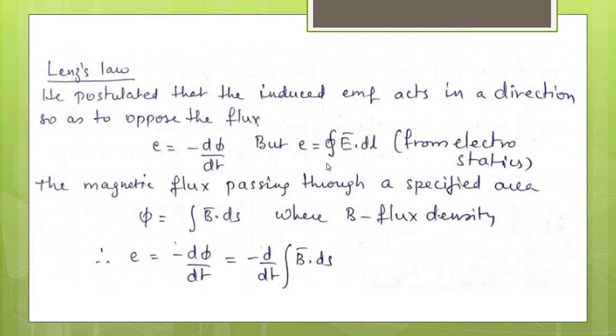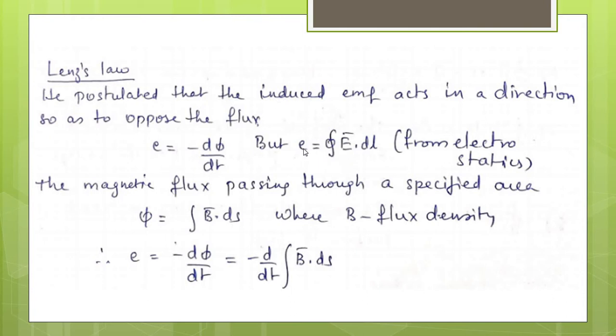In electrostatics, we have an equation which relates the voltage or the electric potential to the electric field intensity, which is equal to the closed line integral of E dot dl. So V is equal to closed line integral of E dot dl.